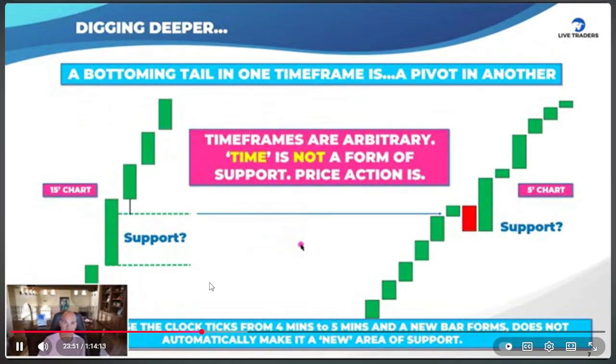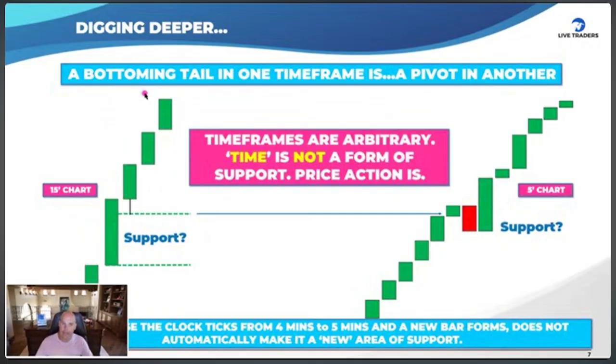Who's right, who's wrong? Neither. Both. It's just arbitrary, the time. So my point, though, is that on a 15-minute chart here, we had a little bottoming tail. That bottoming tail on the 15 becomes a little red bar on the 5. So a bottoming tail in one time frame is a pivot in another. The question is, is it a significant pivot?